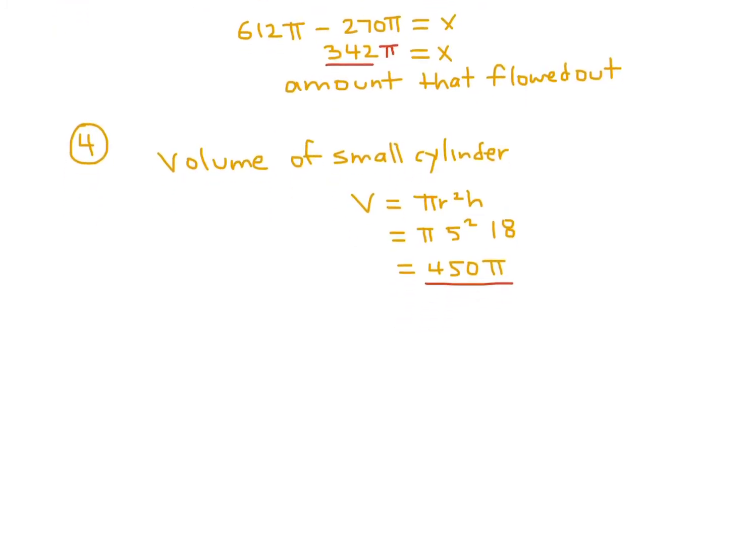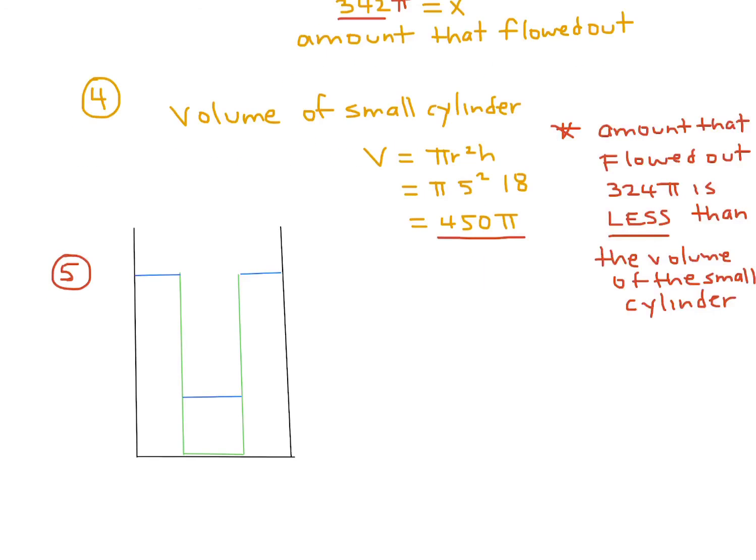All right, so we are basically at our final step, step number 5. And I need to draw a diagram. All right, so before I get to the diagram, I just want to emphasize that the amount that flowed out, 342 pi, is less than the volume of the small cylinder, and I explained why. All right, now we get to the final step.